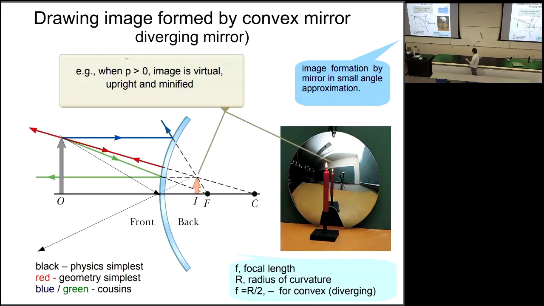So this slide here is to show you how to construct the image that's formed by a convex mirror rather than a concave mirror. But it's the same process for the convex mirror as it was for the concave mirror. So I'm going to go through it a bit quicker because I'm panicking about the time.